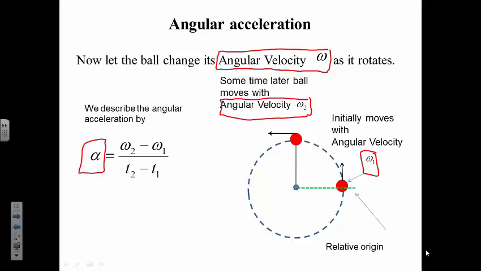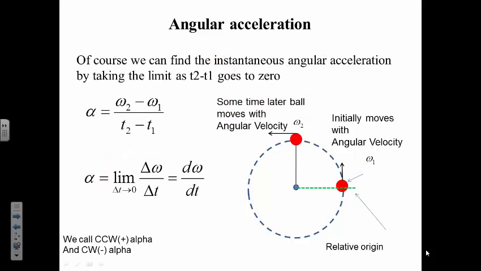That means you changed from omega 1 to omega 2, and doing that in some amount of time gives you an alpha, which is a change in angular velocity in time. So alpha is just like our acceleration, but for angular quantities.